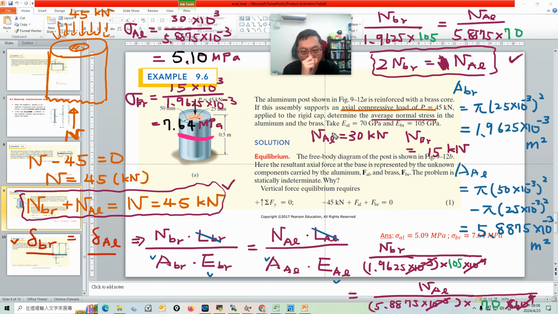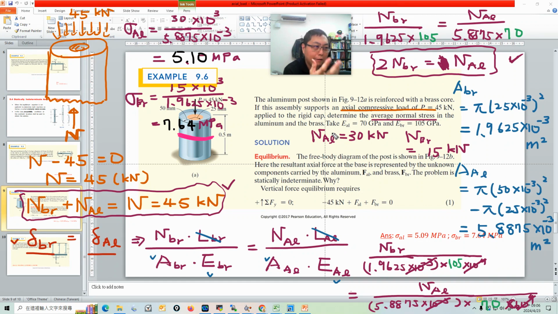I'm not really very careful in this problem. So be careful when you do engineering calculation. It's not that it's difficult, but there are a lot of numbers, and sometimes if you misplace a number, you just cannot get the right answer.